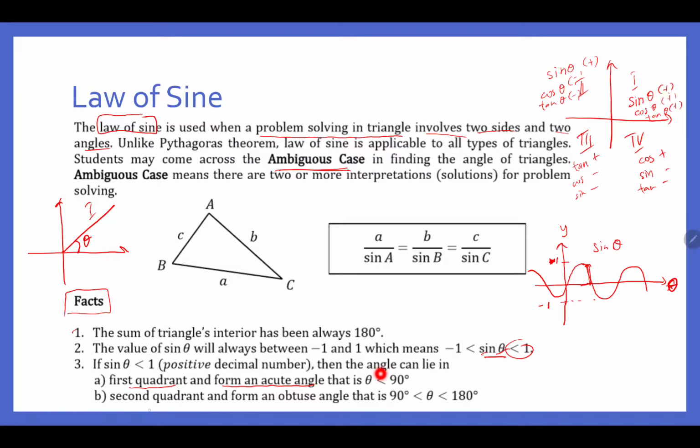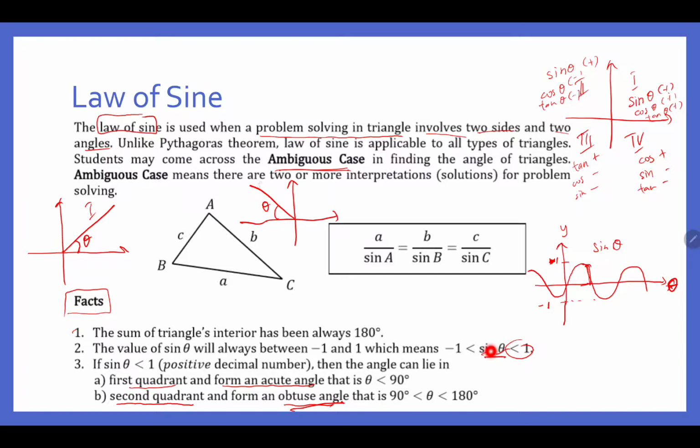Or it can lie in the second quadrant. Dalam second quadrant dia punya theta macam ni lah. You can see here the value of theta is more than 90 but less than 180, so it will form an obtuse angle.